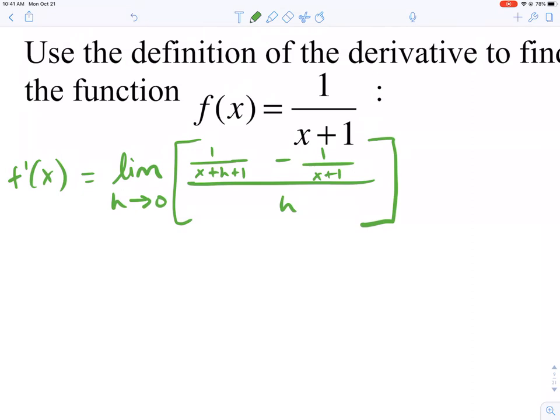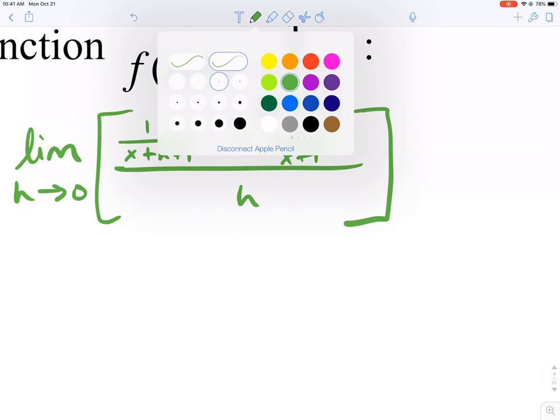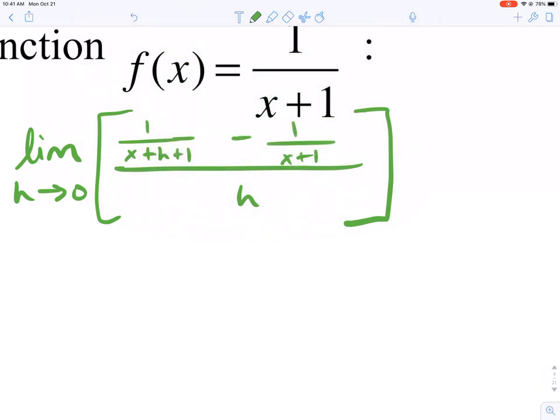And again, notice, and this will happen every time, if you were to try direct substitution, you'd end up with 0 over 0. So we need to use our algebra to try and get this h to cancel.